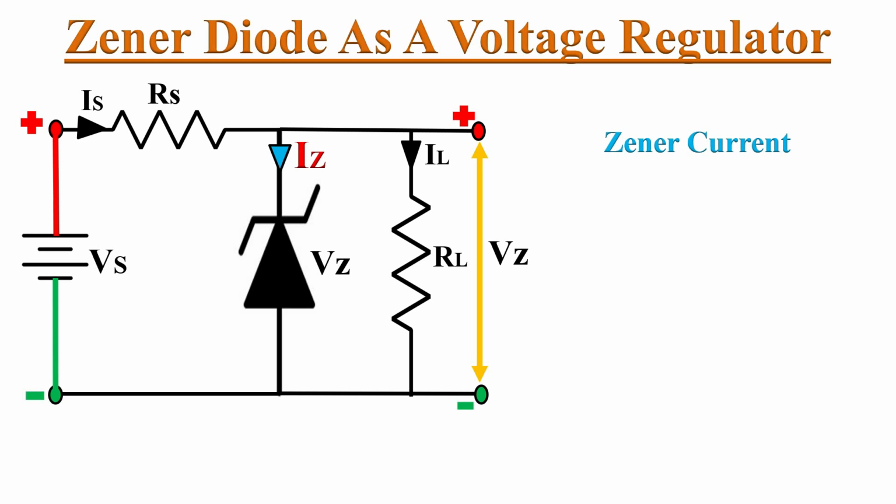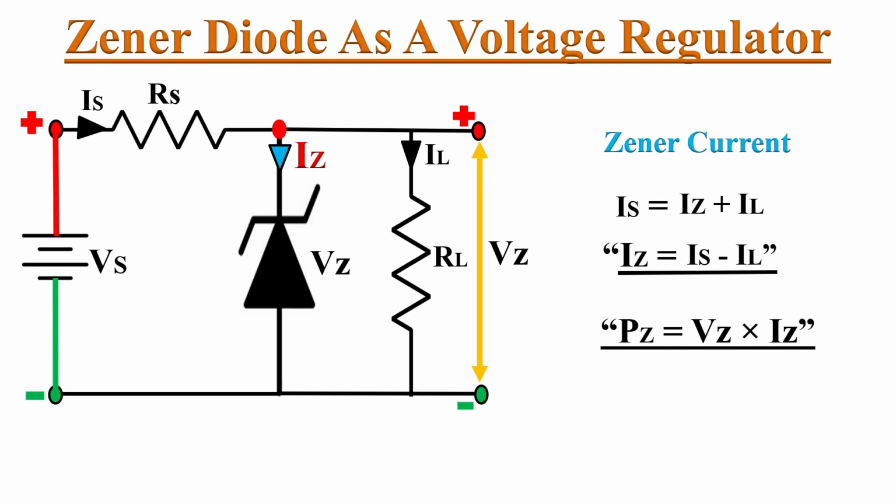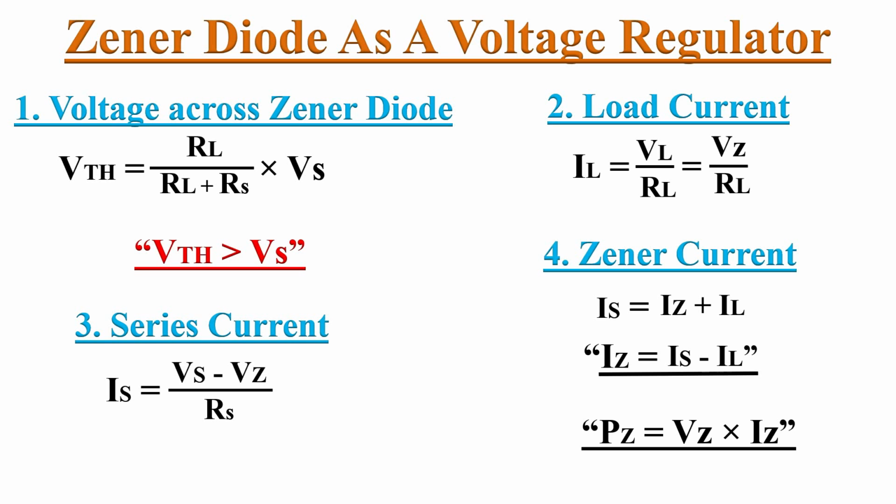By applying KCL at this node, Is equals Iz plus IL, or the Zener current Iz equals Is minus IL, and the power dissipation across the Zener diode Pz equals Vz multiplied by Iz. Basically, it is the product of Zener voltage and Zener current. So these are some useful formulas to design or solve any Zener voltage regulator circuit.